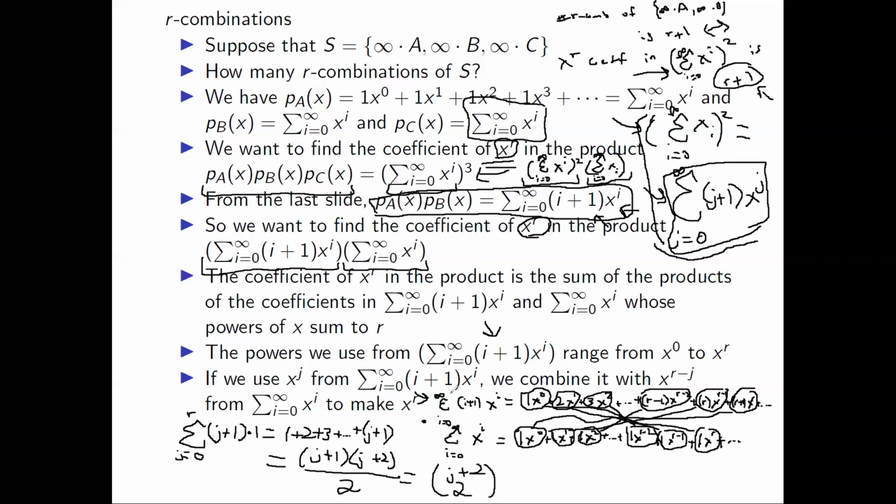And for this one, we're seeing j plus 2 choose 2. So if we had k distinct letters in our multiset and infinitely many copies of each one, a natural conjecture would be that the number of r combinations is going to be just r plus k minus 1 choose k minus 1. So let's see if that continues.